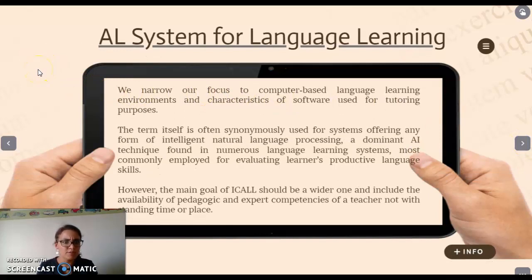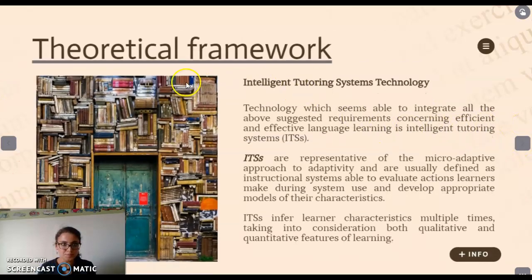And I have to speak about ESAL. It means computer-based language learning. I will just say this term is often used for systems offering any form of intelligent natural language processing, and we will speak about it after.